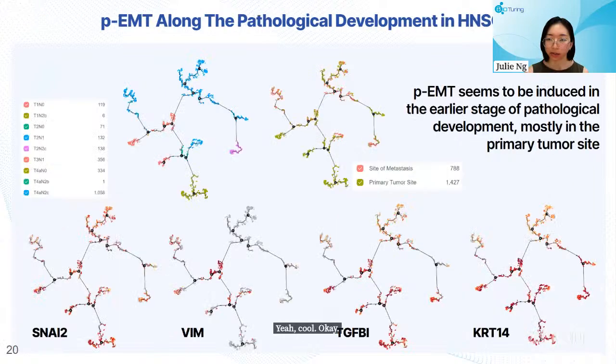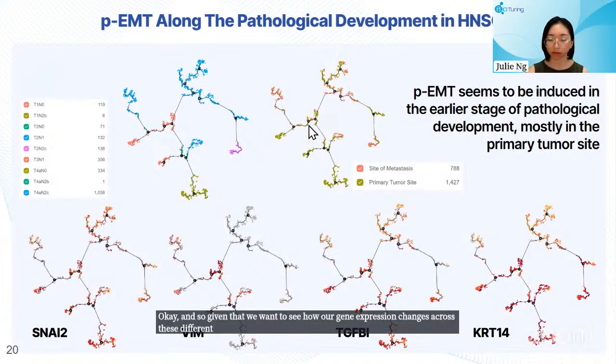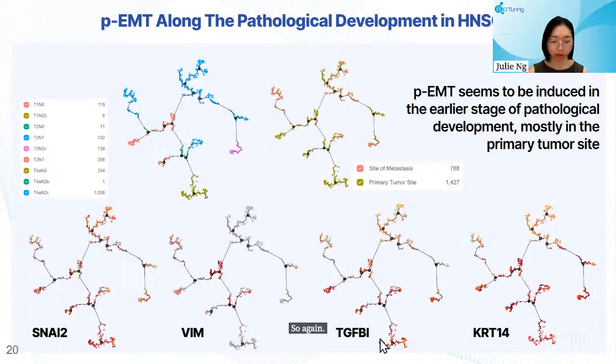Okay, and so given that, we want to see how our gene expression changes across these different cell states and across our different stages of cancer. Again, our EMT markers and EMT drivers, SNAI2, VIM, and TGFBI, are all present in the primary tumor site and mostly within the early stages of cancer progression, especially VIM here.